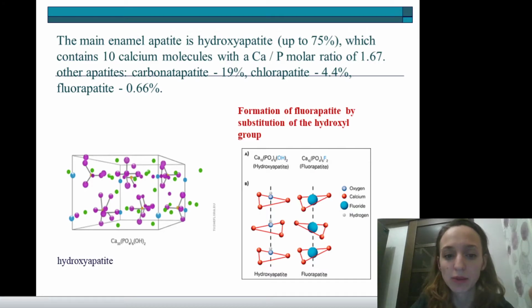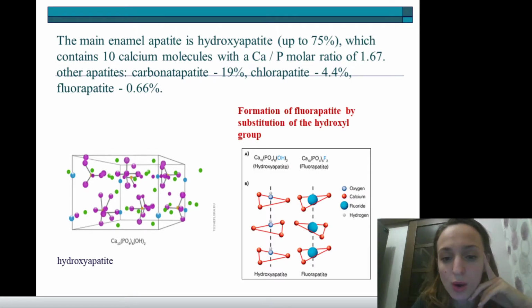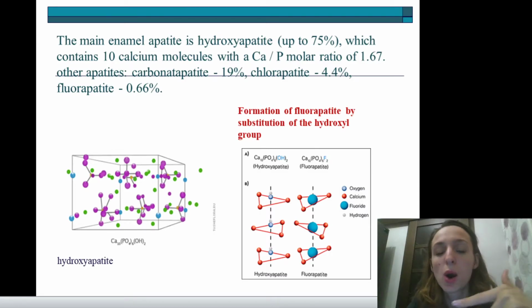The main enamel component is hydroxyapatite, up to 75%, which contains 10 calcium molecules with a calcium and phosphorus molar ratio of 1.67. Please remember this ratio because you will have some tests.